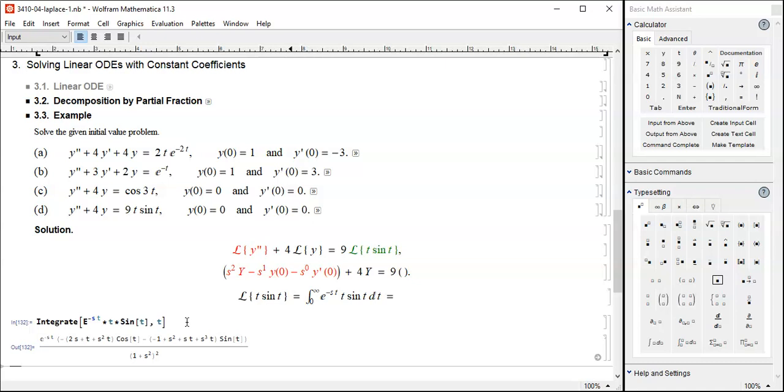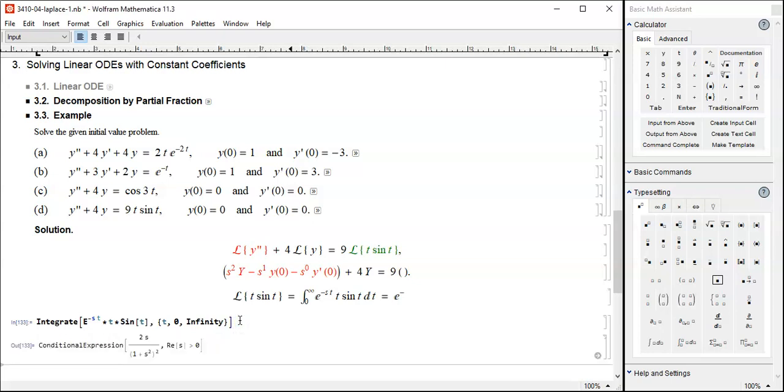Excuse me, this is an indefinite integral. We should be getting a definite integral. Okay, that makes more sense.